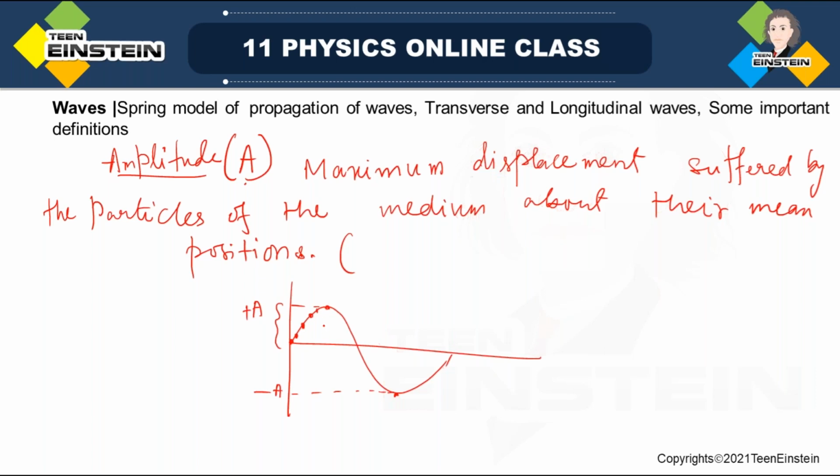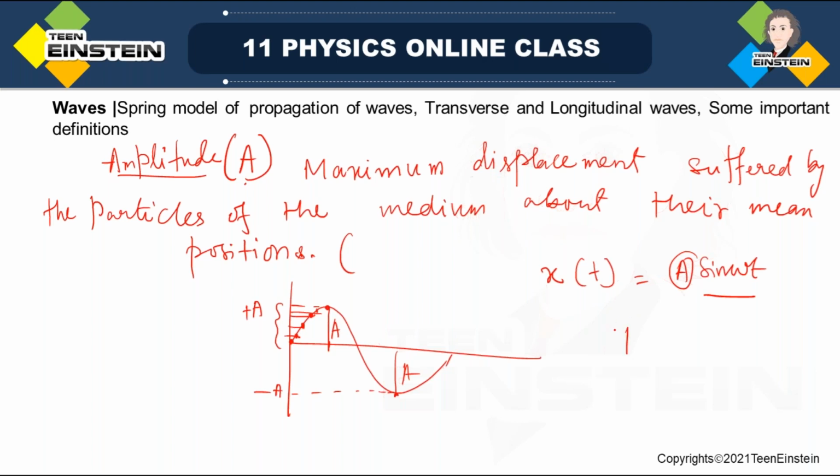These are called amplitude. Whereas the displacement at each time is the instantaneous displacement, at any instant of time. If I write x of t is equal to a sine of omega t, then amplitude is the maximum displacement.